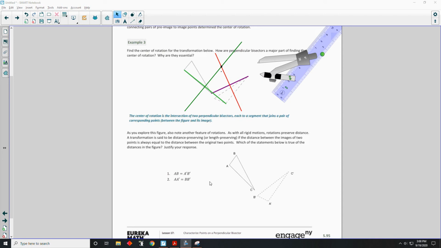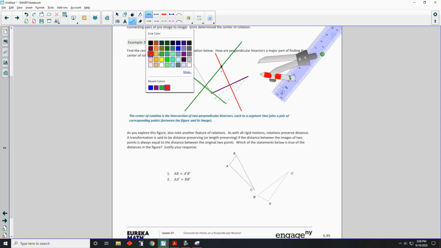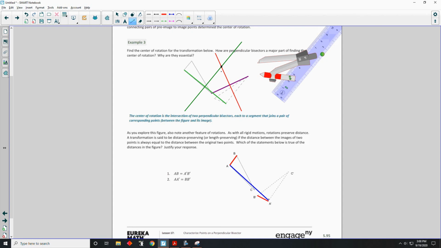Justify your response. So what they're saying is segment AB is equal to segment A prime B prime. Okay, and they're saying segment A prime is equal to B prime. Okay, which of the statements is true?